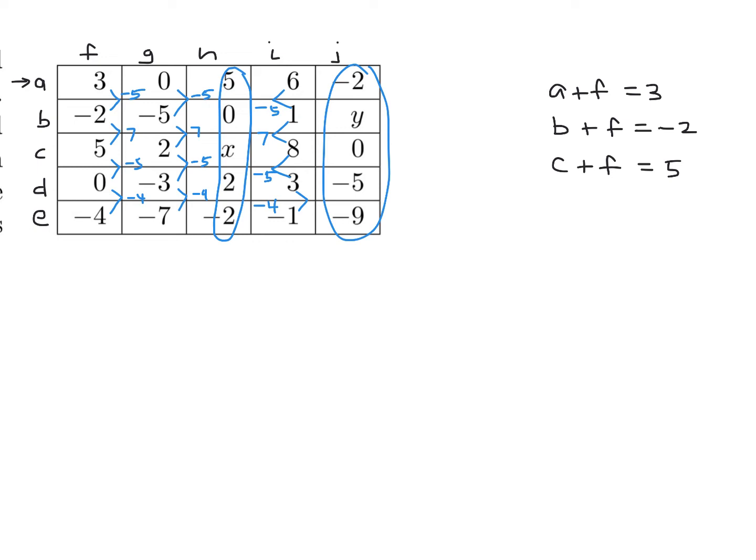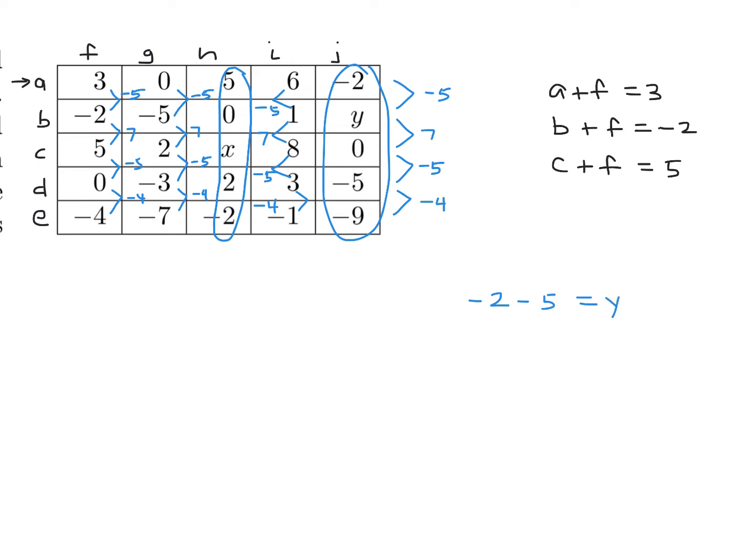So that means when you go from here to here, you go down by 5. From here to here, you go up by 7. From here to here, you go down by 5. And from here to here, you go down by 4. So that means that minus 2 minus 5 is my y.